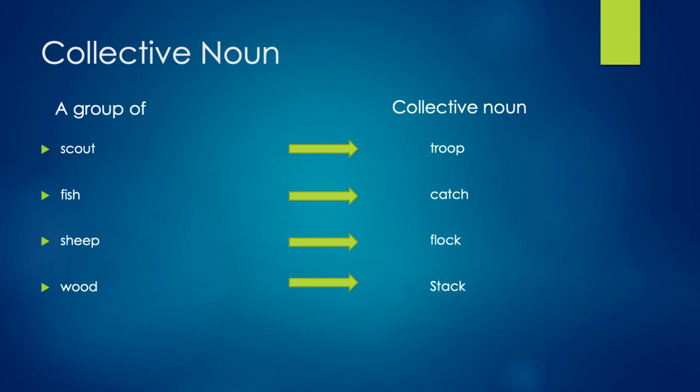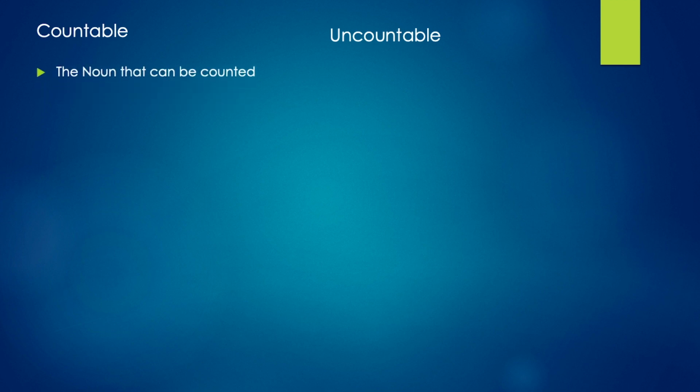The final type of noun is the countable and uncountable nouns. Countable nouns are simply the nouns that can be counted, whereas uncountable nouns are the nouns that cannot be counted.